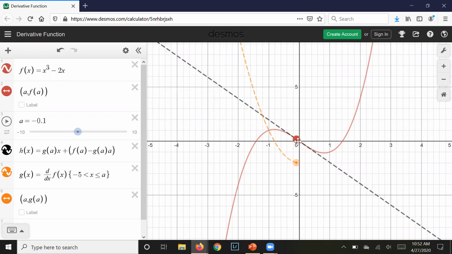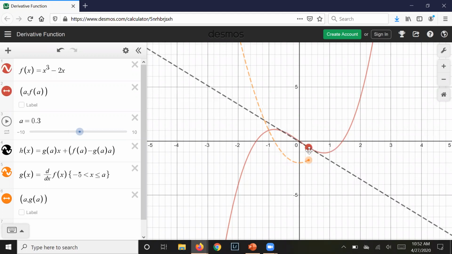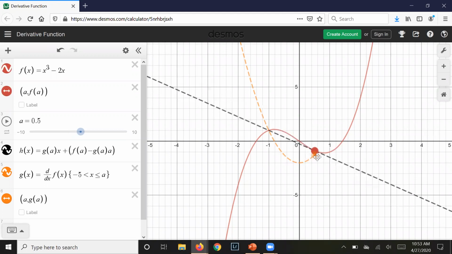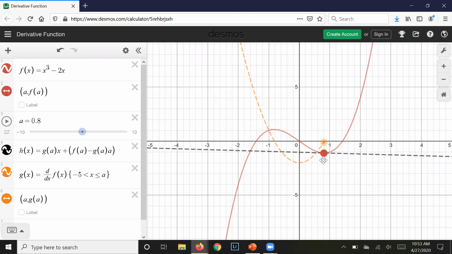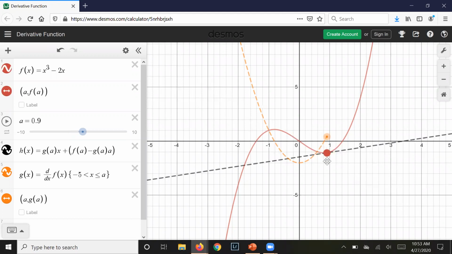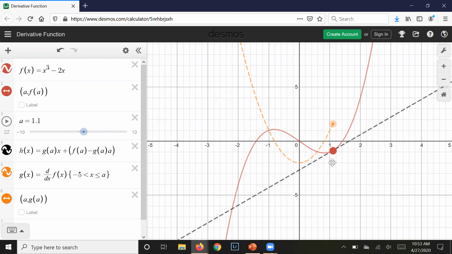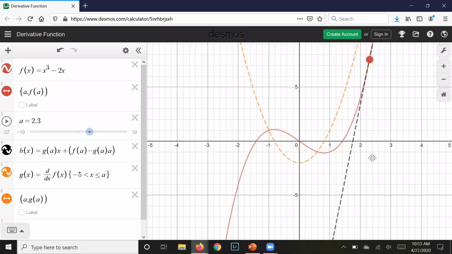They stay negative, negative, negative, but then start to get less negative, and then we get to this point right about here. Still negative, and then the line switches to sloping up. So now we have positive slopes for our tangent lines, and it can continue on from there. This orange function now becomes the graph of our derivative.